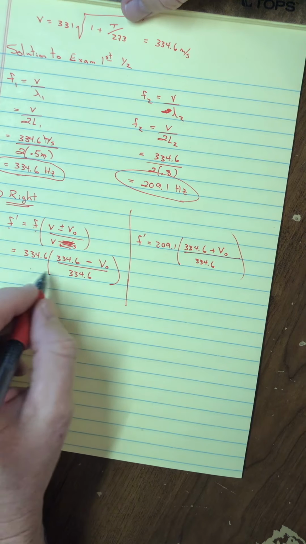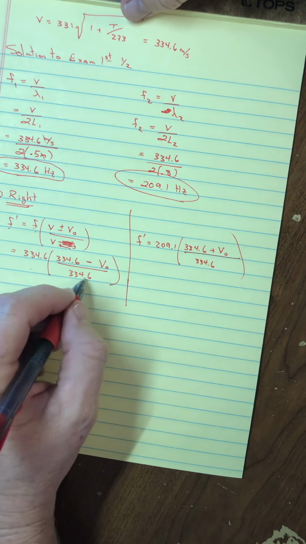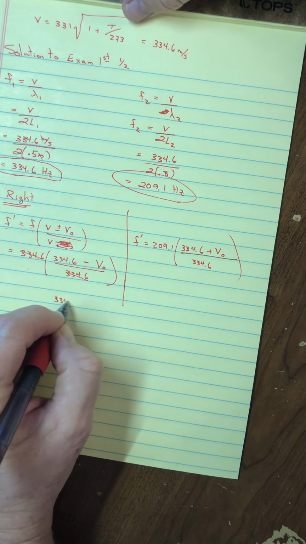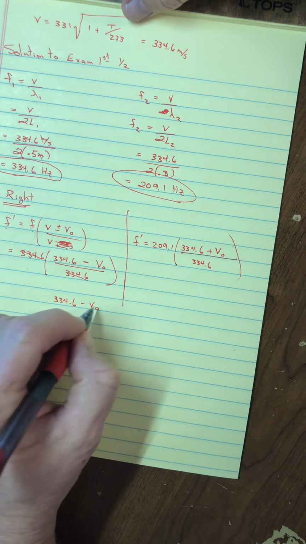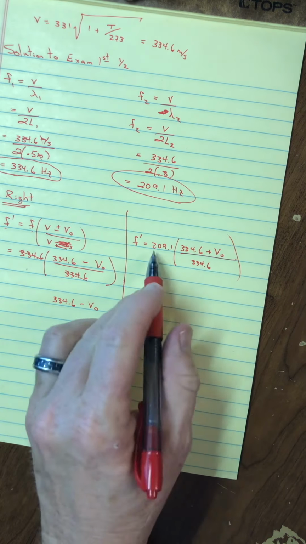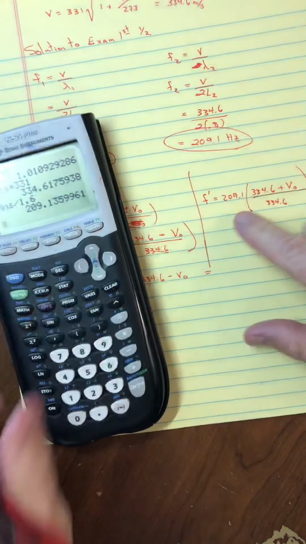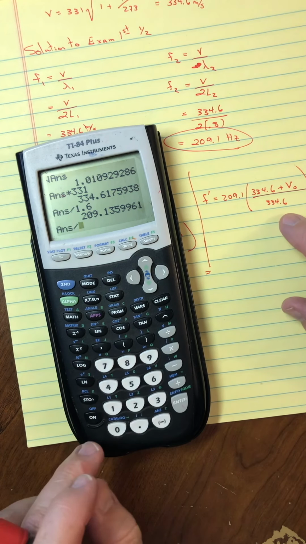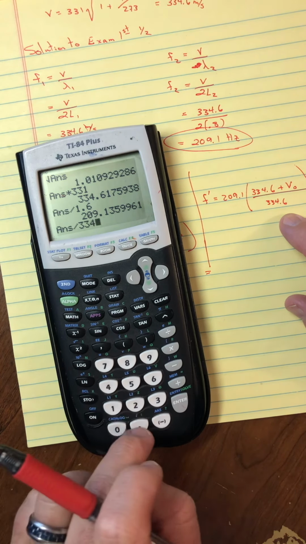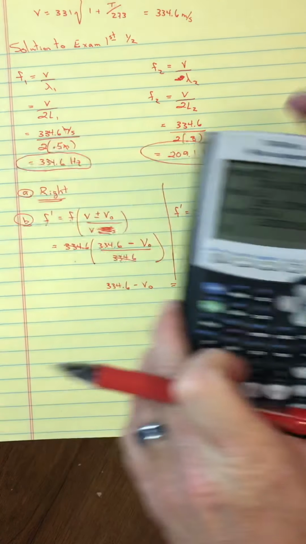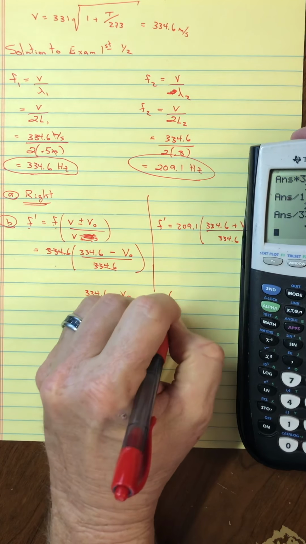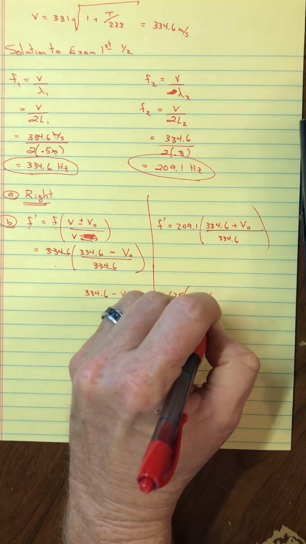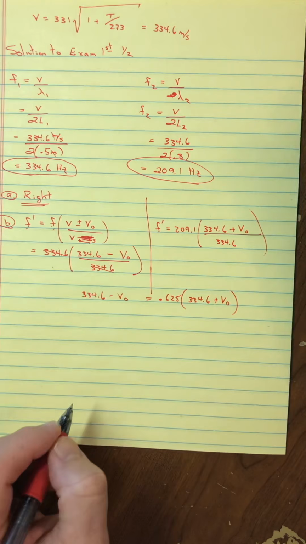So I can just set these two equal to each other here. In fact, maybe I'll simplify that math before I set it equal. I would have 334.6 minus V naught equals, and then over here, maybe I'll just do a little bit of algebra. There's the 209.1, and if I divide it by the 334.6, I get 0.625 times 334.6 plus V naught.